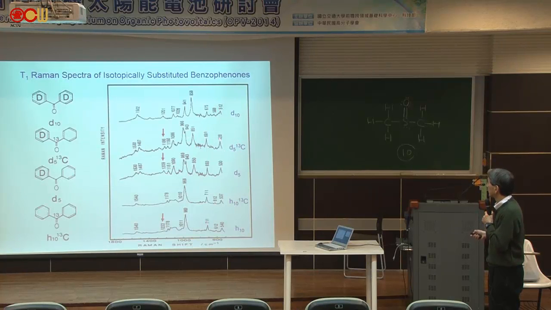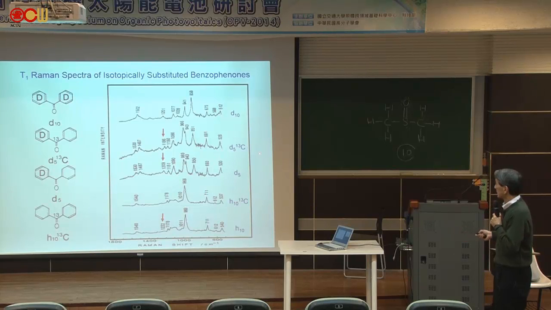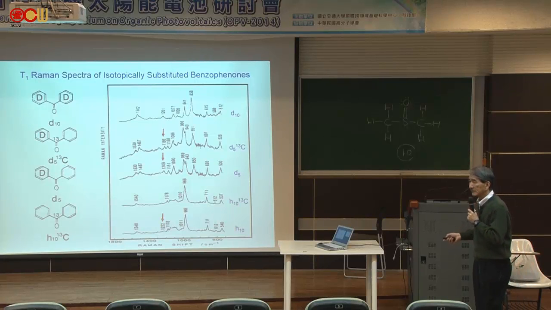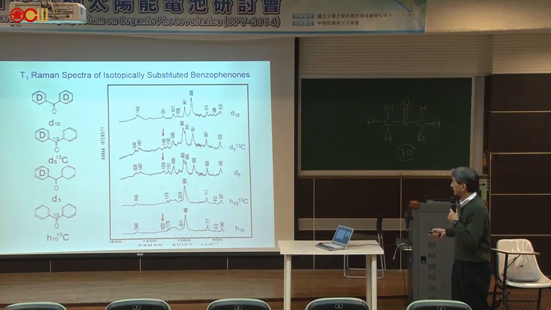So all the other bands are the same, but only this band shifted. So that means this band is affected by the substitution of carbon with carbon-13. So by doing that, we want to assign where the CO stretch band is observed.